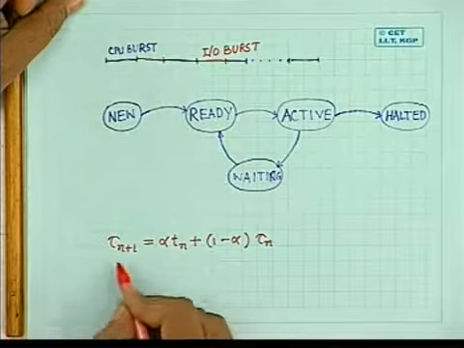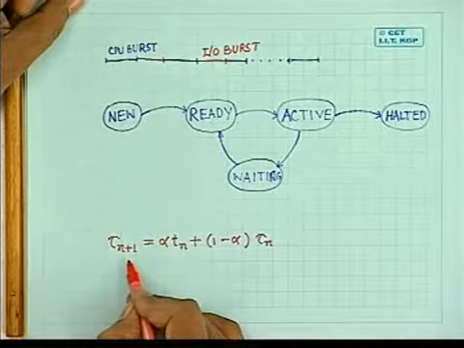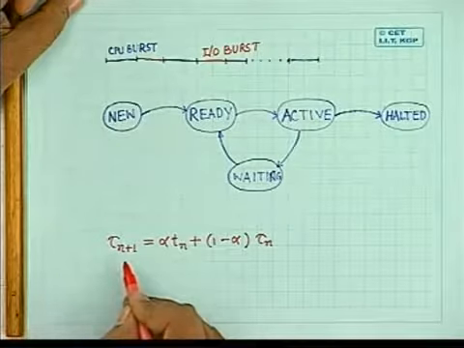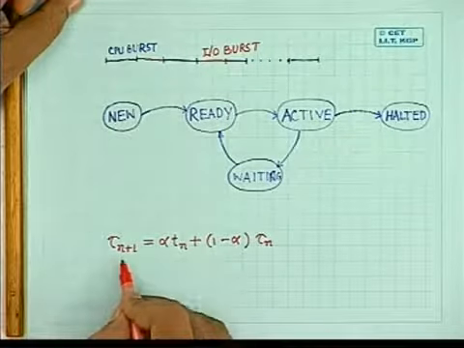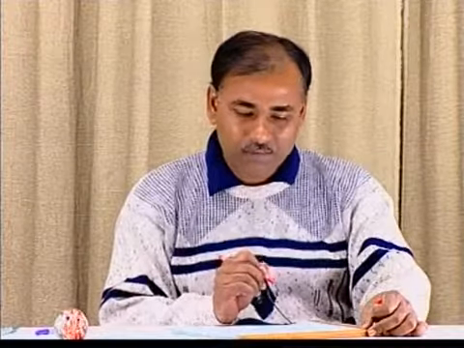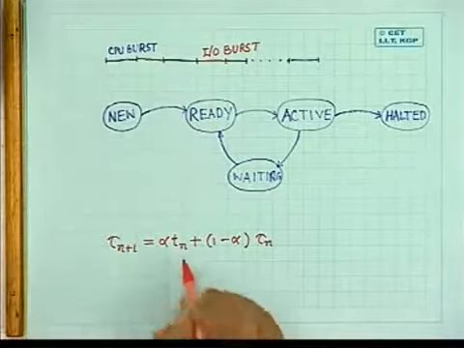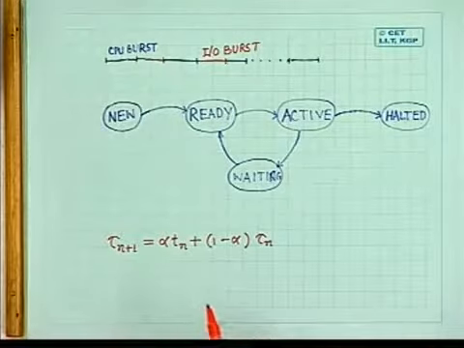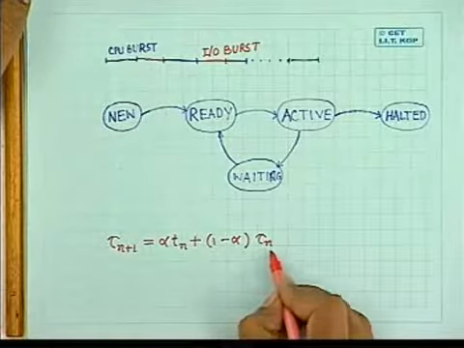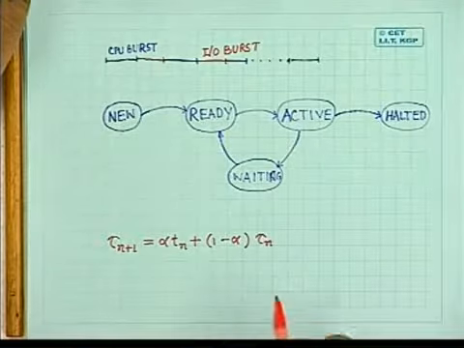Where tau n plus 1 is the predicted CPU burst time of the n plus first CPU burst. Tn is the exact nth CPU burst duration, and tau n is the predicted nth burst duration.